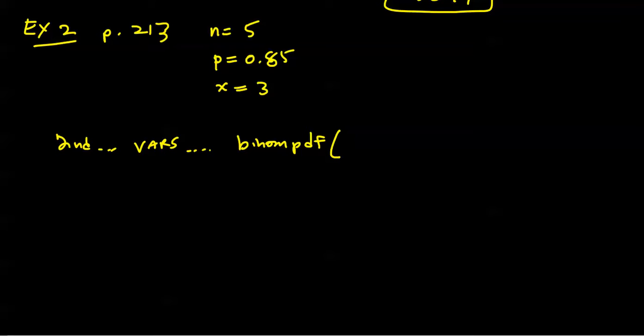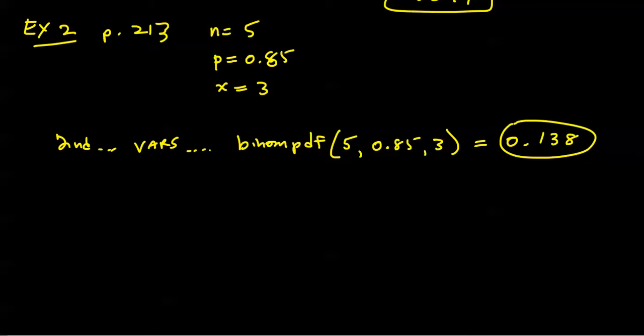Call this command up into your home screen and enter in N and P and X for this example. And I punch this out on my calculator and I get 0.138. Right. Now the text works this out by hand from first principles, using that binomial probability formula. I see no reason why we can't use the binom PDF command on our calculators exclusively.